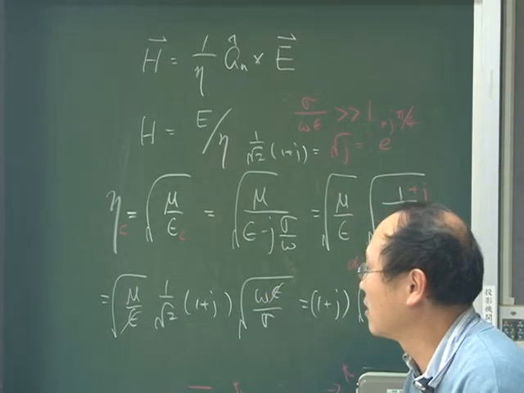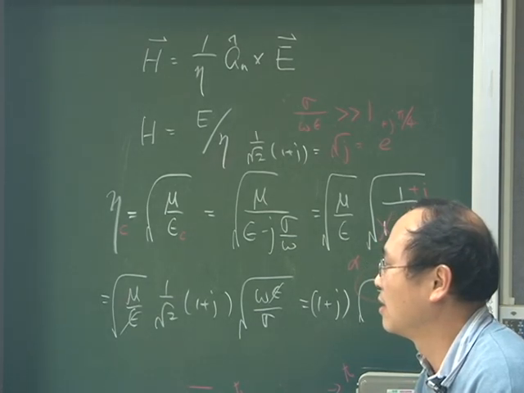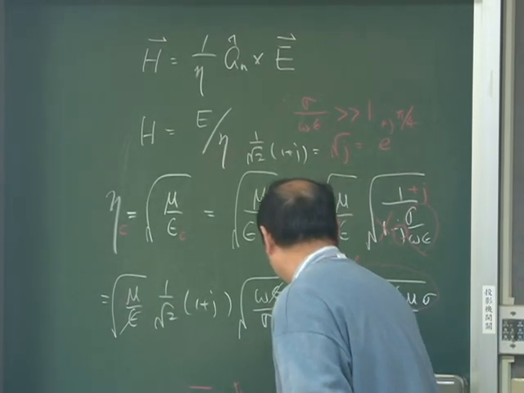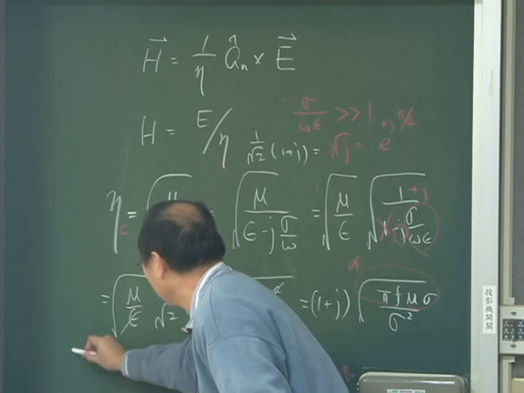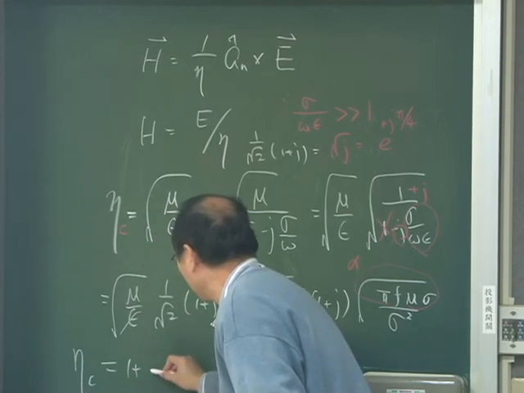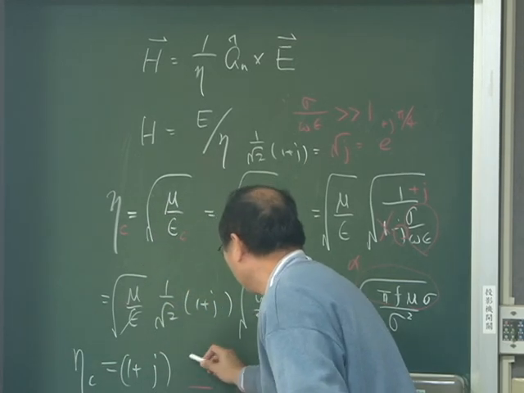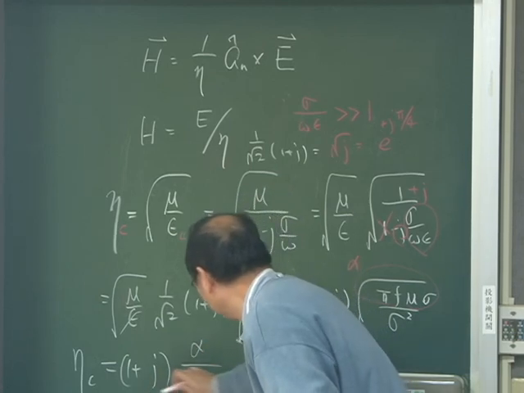This is your alpha right here. OK，所以呢，你可以把它写成 eta_c equal to 1 plus j alpha over sigma.